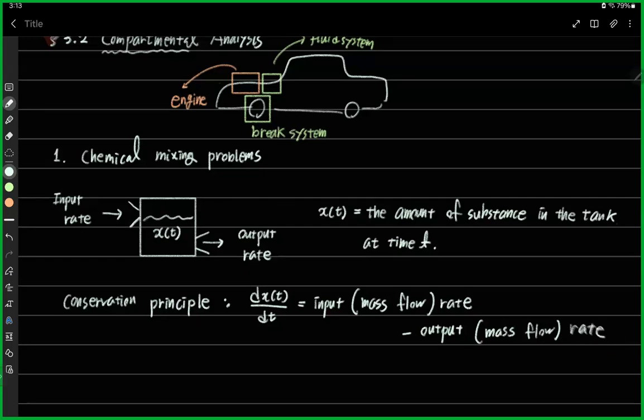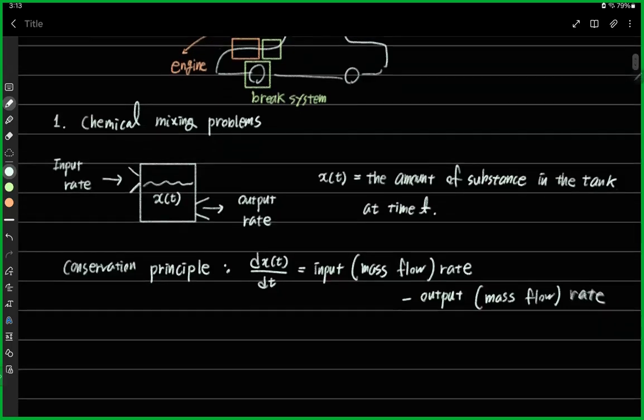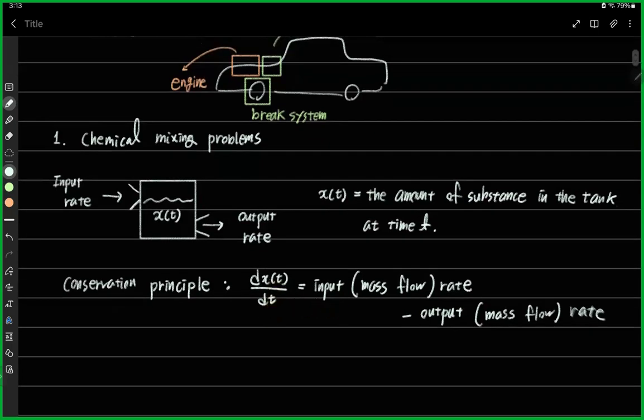What does that mean? dx/dt is equal to this, which means that at the moment the rate of change of x of t must be constant.